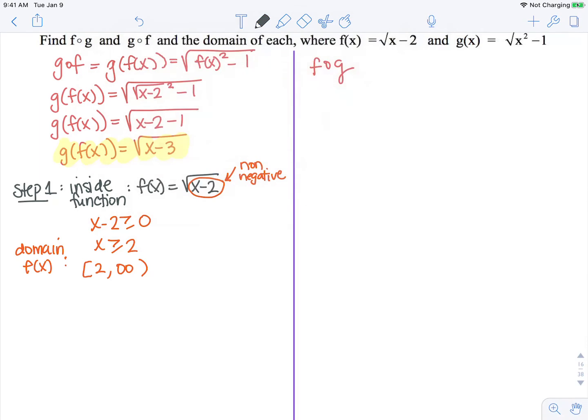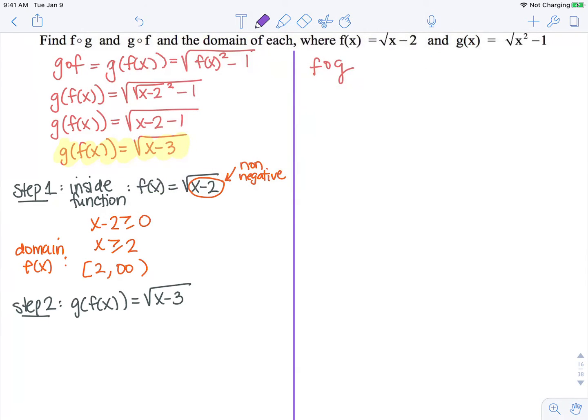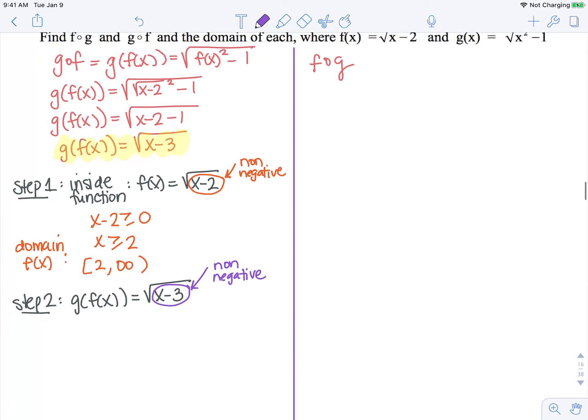Now, for step 2, we take the composite function, g of f of x, which we already found to be the square root of x minus 3. Now, for this composite function, what's inside of the square root must be non-negative in order to get a real number.